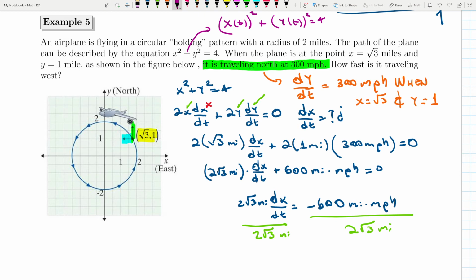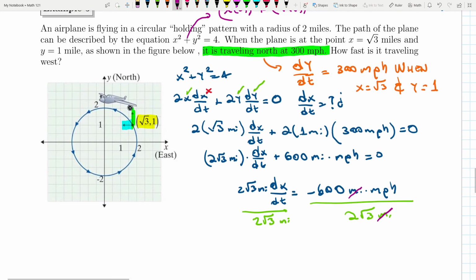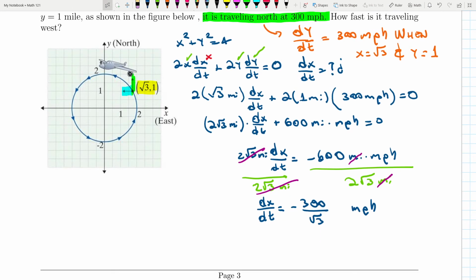I'm leaving the units just so you can see the consistency with all of them. Okay, so cancel all this as well. dx/dt, and that's 600 over 2, that's 300, so negative 300 over the square root of 3 miles per hour.